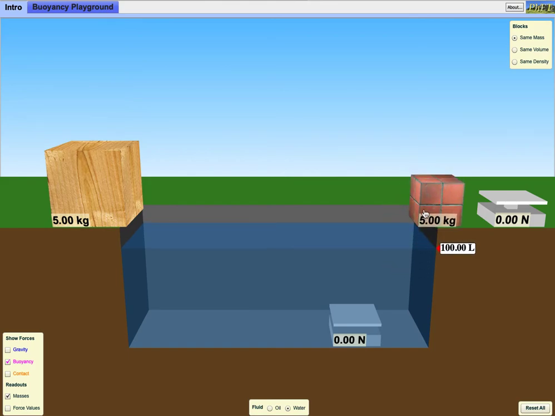The volume of this pool starts off at 100 liters. As you submerge the cement into the water, that cement displaces some water away. The amount by which the water rises corresponds to how much of the cylinder is submerged in the water.